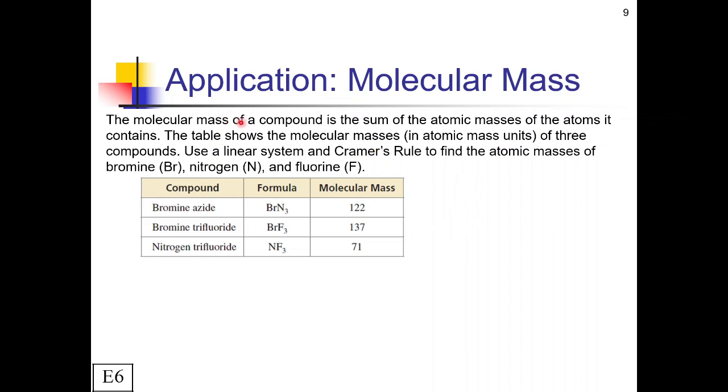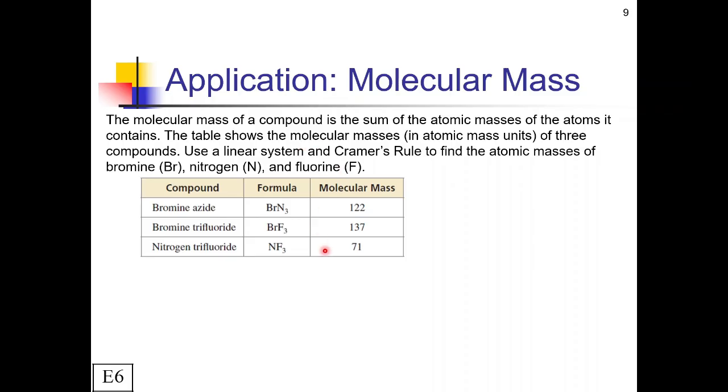So the molecular mass of a compound is the sum of the atomic masses of the atoms it has. The table shows the molecular masses of 3 compounds, and this is measured in atomic mass units, AMUs. They want us to use a linear system and Cramer's rule to find the atomic masses of bromine, nitrogen, and fluorine.